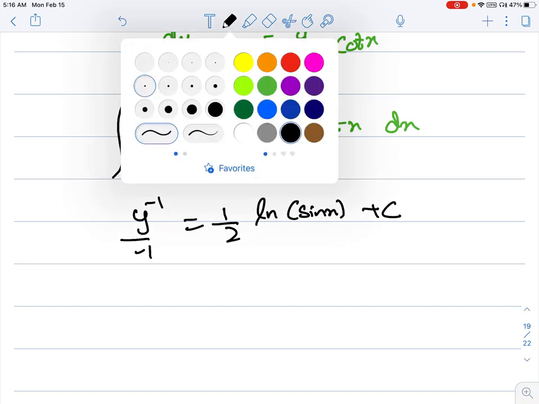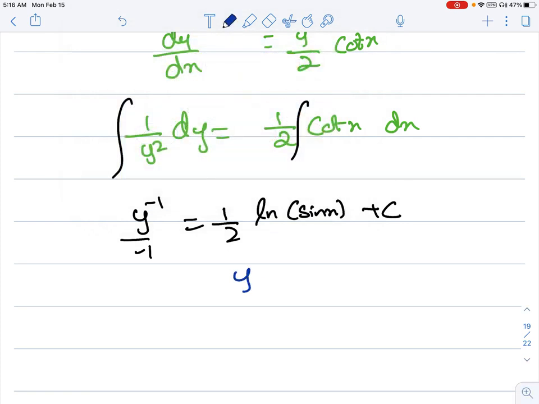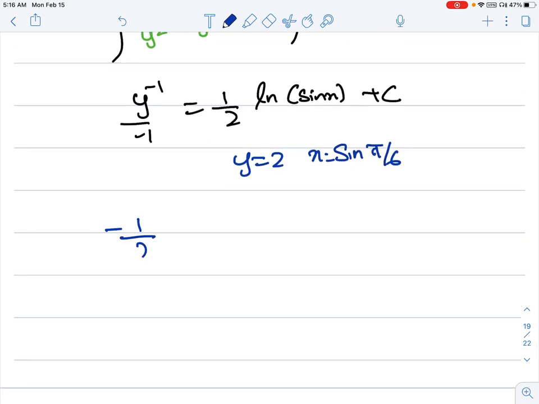And now the values are given as y is equal to 2, x is equal to pi by 6. So this becomes minus 1 by 2 is equal to 1 by 2 ln sine pi by 6 plus c.